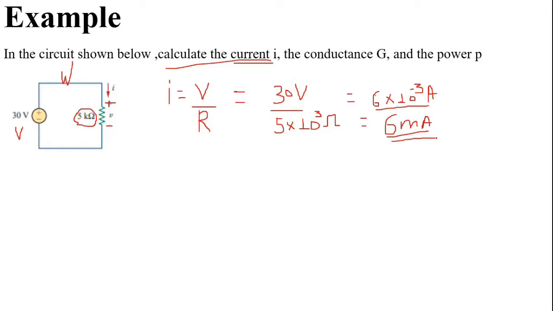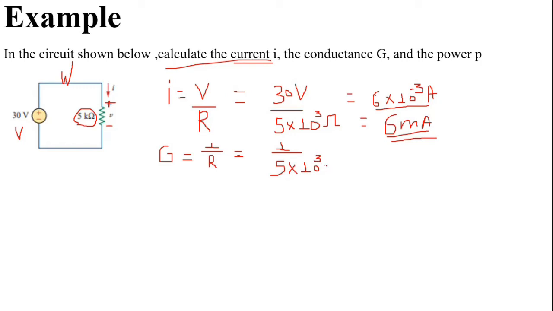And next, conductance. As I told you, conductance G can be calculated by dividing 1 by the resistance value for the given circuit. So this is 1 over, first converting into ohm, 5 times 10 to the power of 3, because we are given kilo ohm.